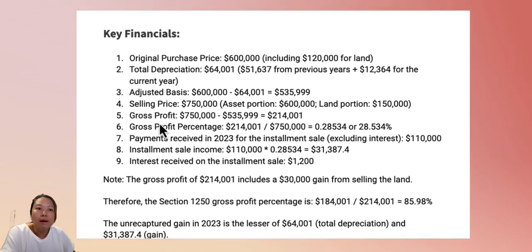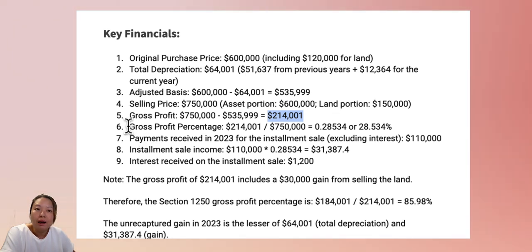The gross profit is gonna be the $750K minus our adjusted basis, right? Minus this $535,999. So our gross profit is $214,001.